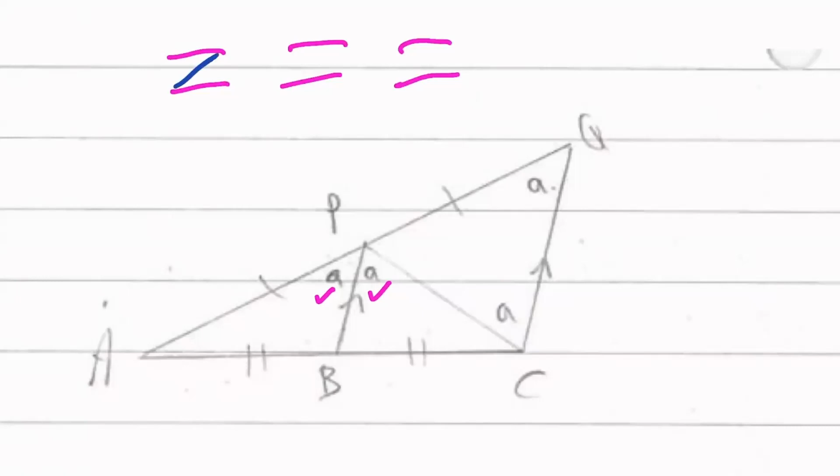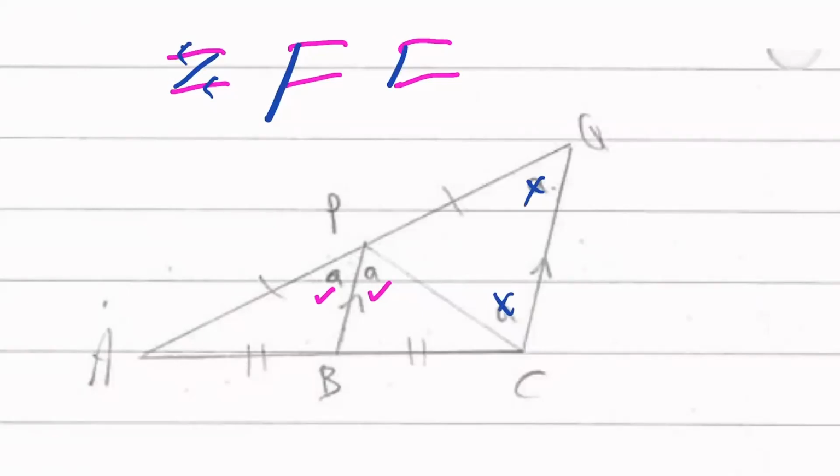Z, F, and C. Okay, so which one would be useful here to show that these 2 are A? Pretend you don't know these are A. Alternate.